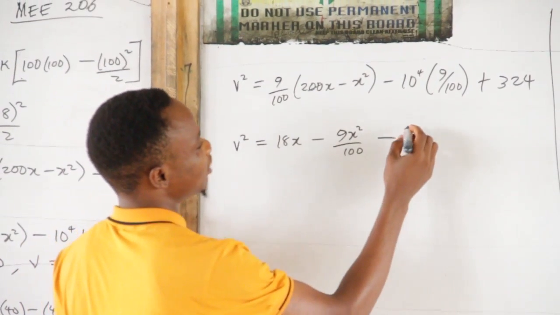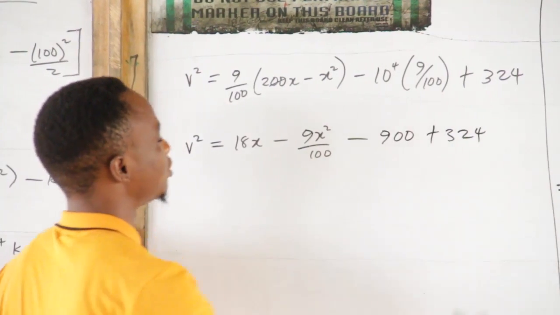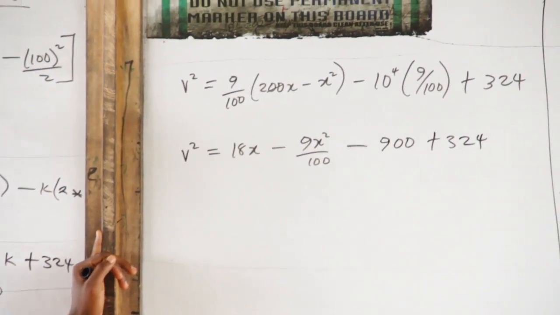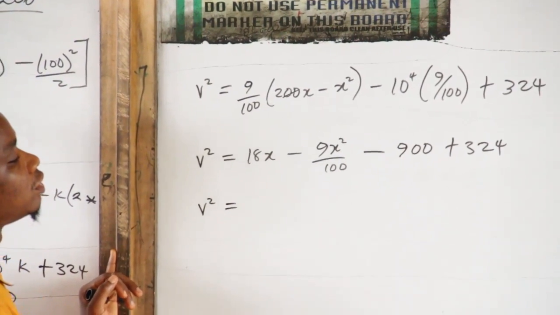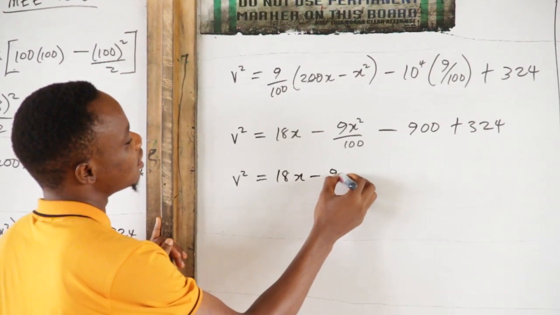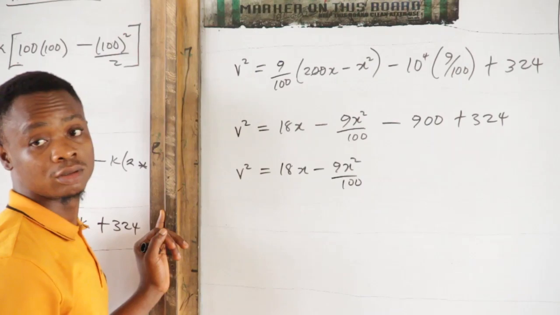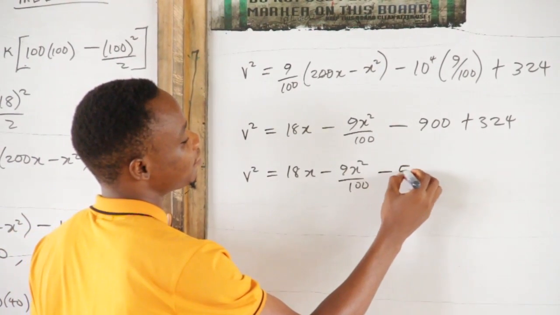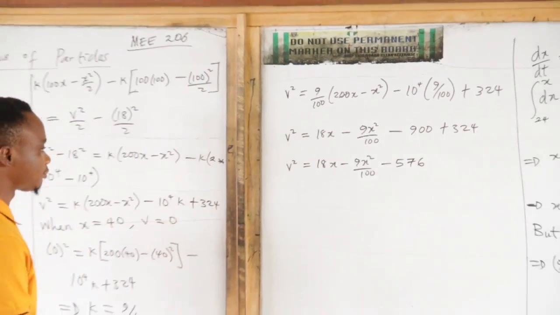We need to have 100 left. That's going to be 900 plus 324. Does that make sense? So we have v squared is equal to 18x minus 9x squared over 100. What does this give you? Minus 576. Alright.